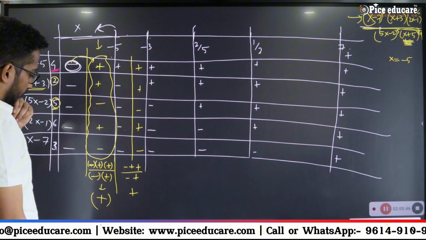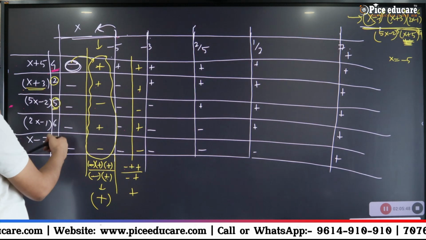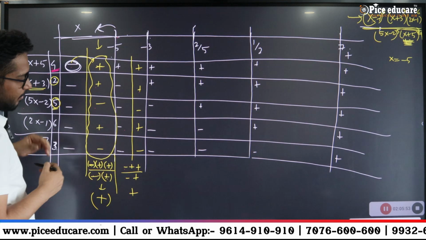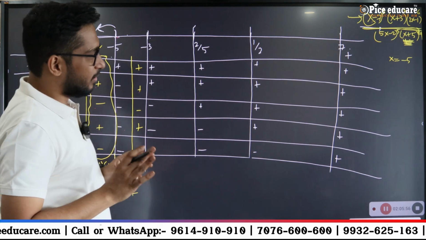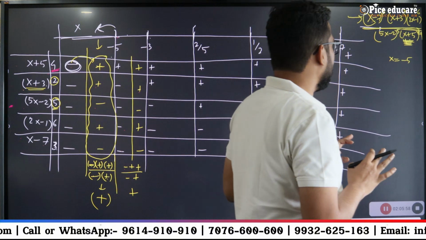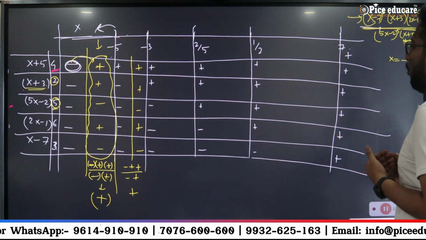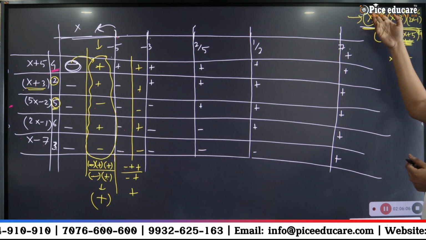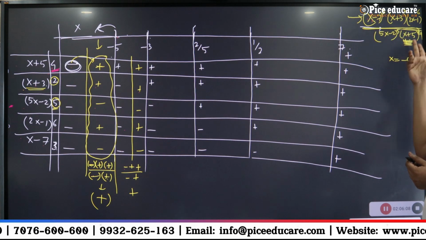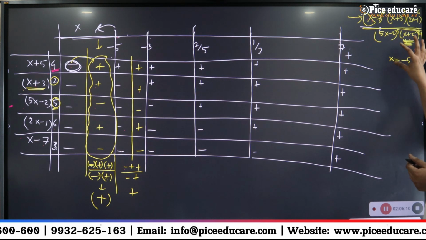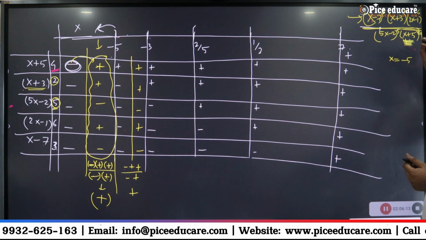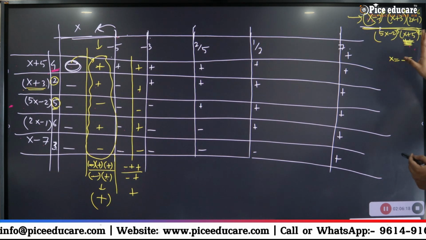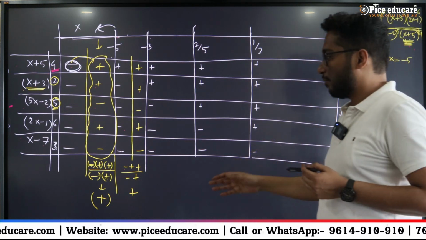See, the issue is this ordering is not that important. You can just put all the signs randomly, but I am stressing upon it. If you are doing these things for the first time, I don't want you to make the mistake that accidentally you think that this is here and this becomes this here, because that will be a mistake. Because if my x plus 5 is in the denominator, I have to make sure it is not 0. So to make sure of that, I am stressing upon this order.